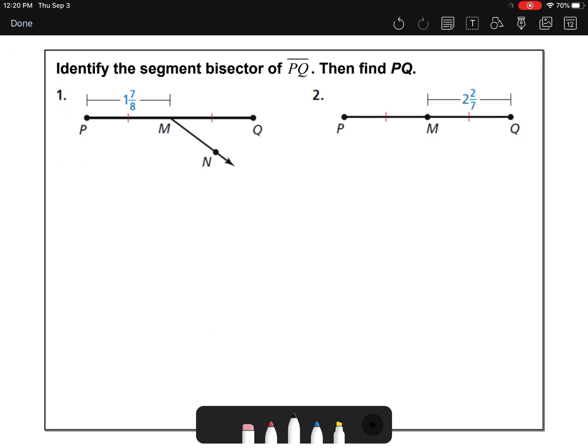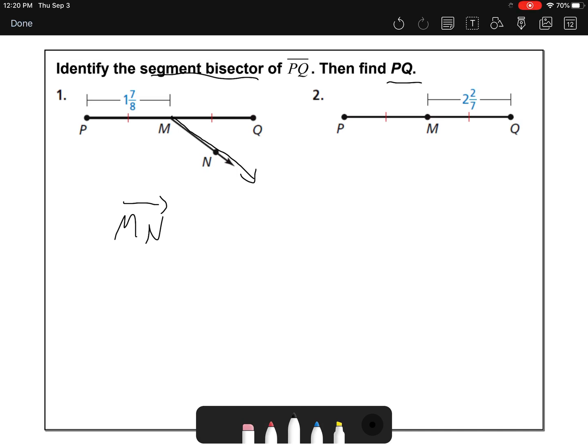Similarly, on 1 and 2, we are supposed to identify the segment bisector and find the length of PQ. Okay, well, what bisects PQ? This does, correct? What is that thing? That, my friends, is a ray.